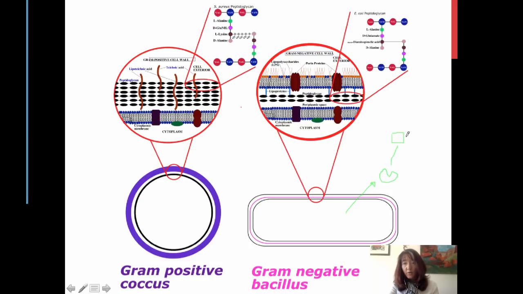It can cleave that ring. Now, what we recognize then is that if we prescribed something like amoxicillin to treat this gram-negative bacillus, it would be ineffective because it would just rapidly chew up the amoxicillin.